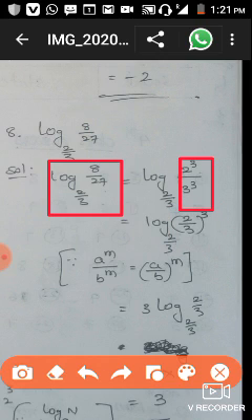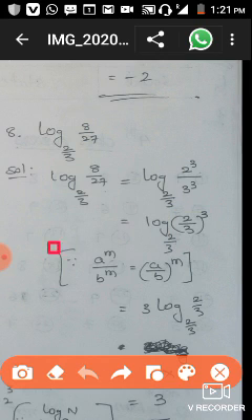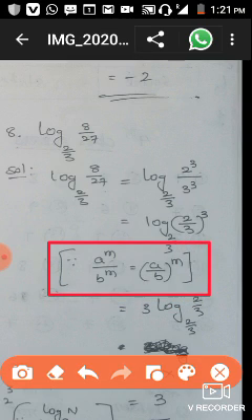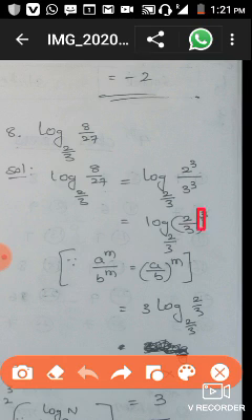So this is the formula, a power m by b power m equals a by b whole to the power of m. According to this formula we write this one. So next, this 3 comes to the front, according to the formula log a power m equals m into log a.